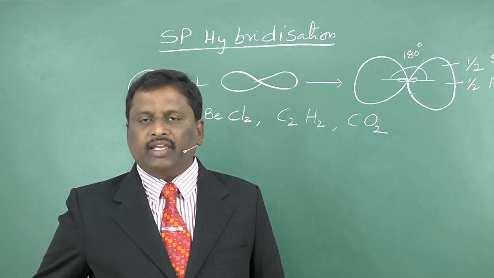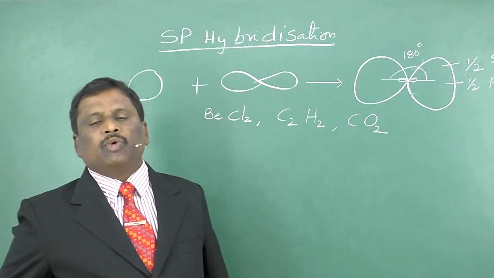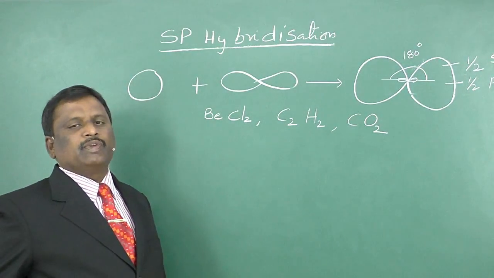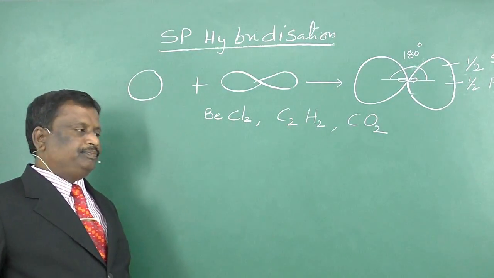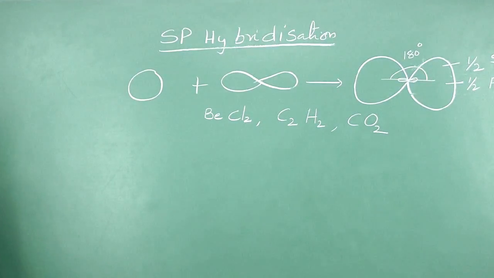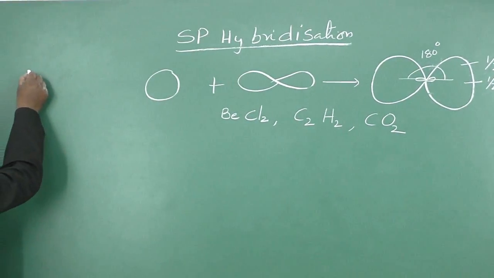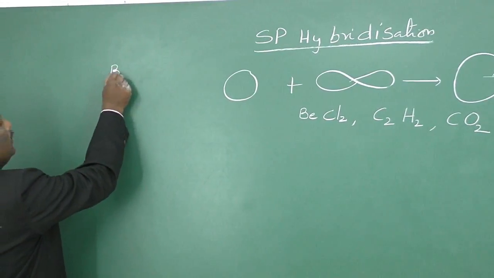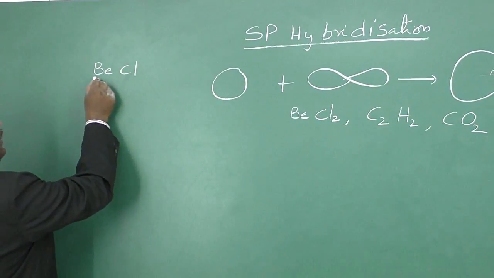Now let us verify the structure of these molecules in which Sp hybridization is involved. Let us observe the formation of the BeCl2 molecule, beryllium chloride.